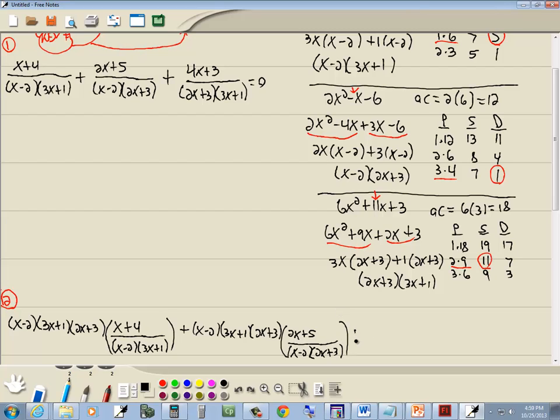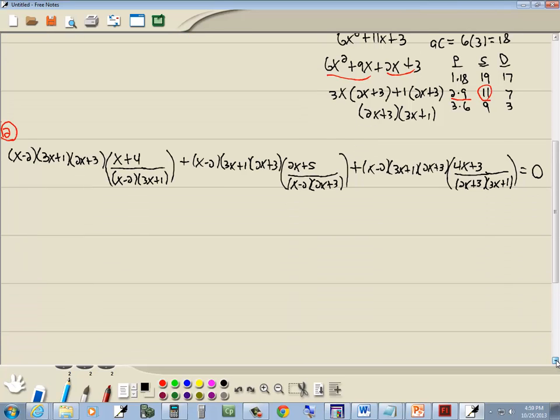And we'll multiply it times the next one. I'm running out of room. So multiply it times 4x plus 3 over 2x plus 3, 3x plus 1. Now, we also multiply it times a 0, but anything times 0 is just 0, so I won't actually write that out since I am out of space.